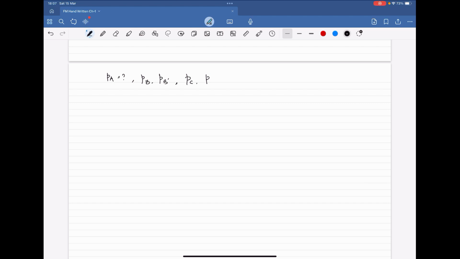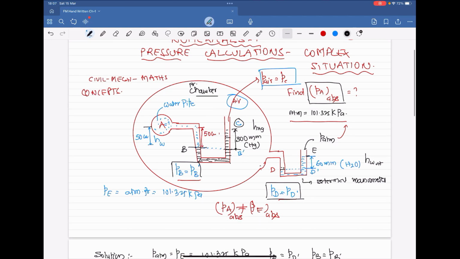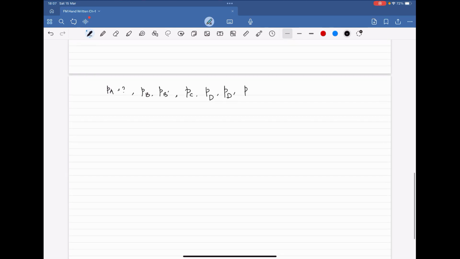Then your PD, manometer reading for the water column, one water column height. And PD dash is open to the atmosphere, water column. And PE is atmospheric pressure, open to atmosphere. That is equal to 101.325. As of now, we only know this atmospheric pressure, except that we do not know anything else.